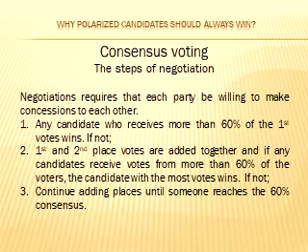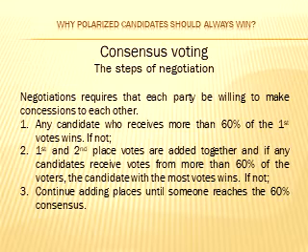Actually, the steps of negotiation are pretty simple. Negotiations require that each party be willing to make some concession to each other. Number one, any candidate who receives more than 60% of the first place votes wins.